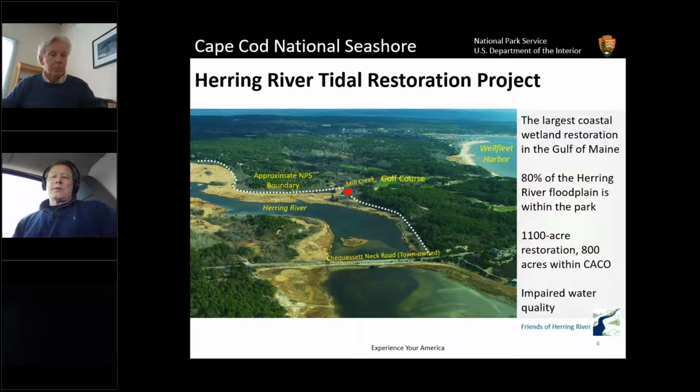And it will restore natural tidal exchange up of the Chequesset Neck Road. This is well along its way. It's already completed an EIS that has been signed off on since 2016. We're working through the permitting process with the Friends of Herring River at the lead of this highly collaborative effort. And we hope to actually see some construction starting on this in 2022 or 2023. Next slide, please.